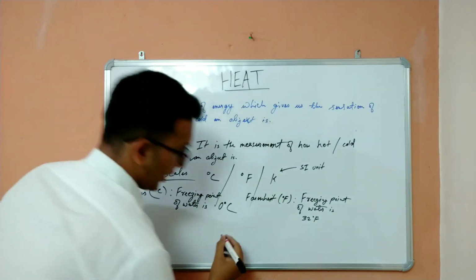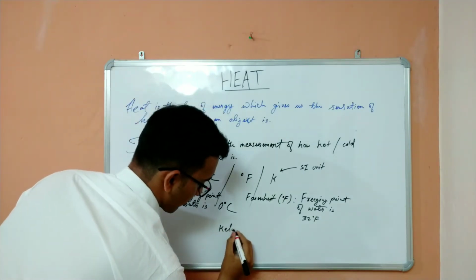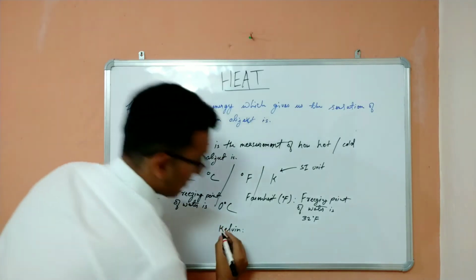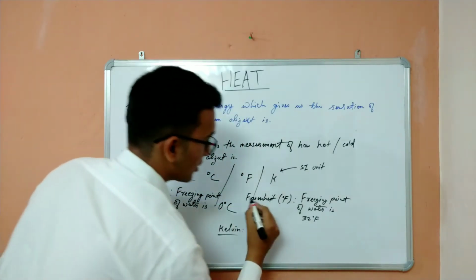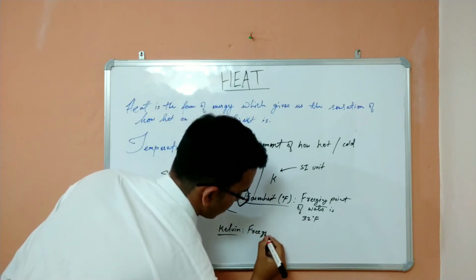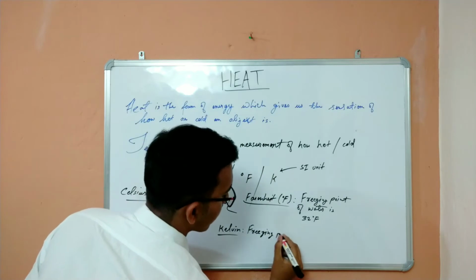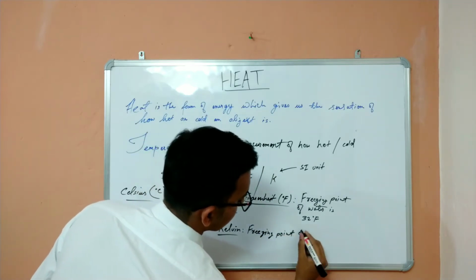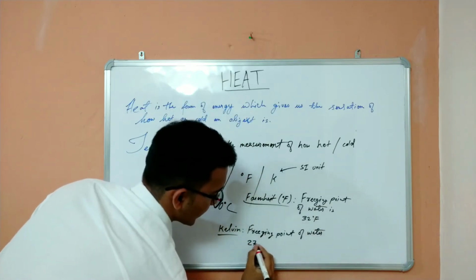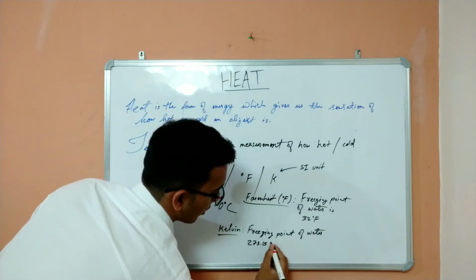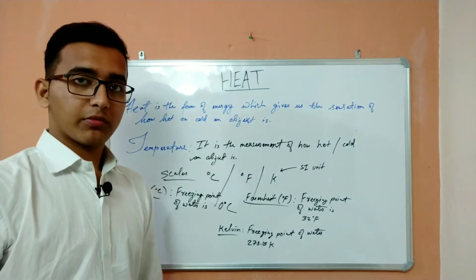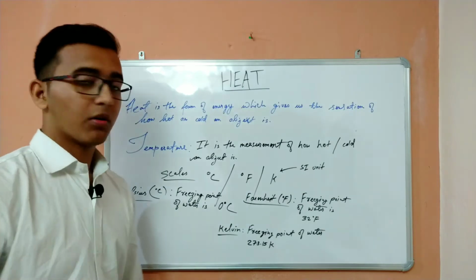Whereas in the Kelvin scale, the measurement for the freezing point of water is 273.15 Kelvin. 273.15 Kelvin is the freezing point of water.